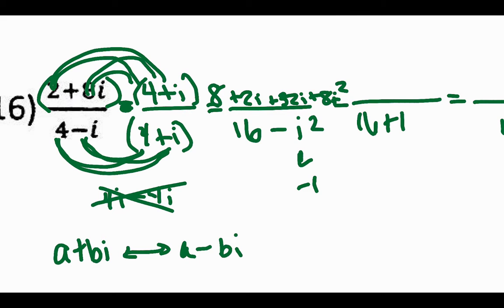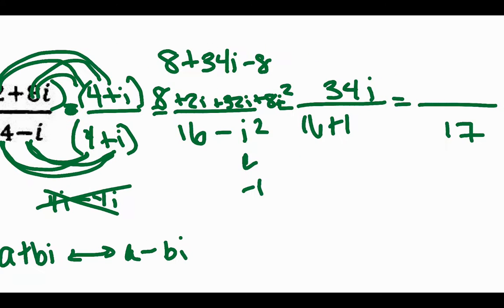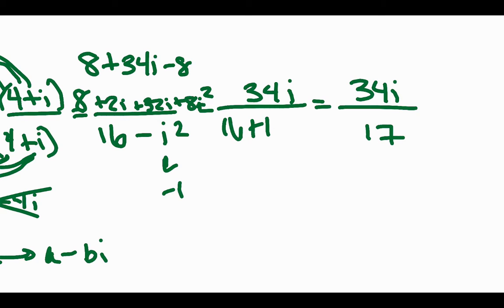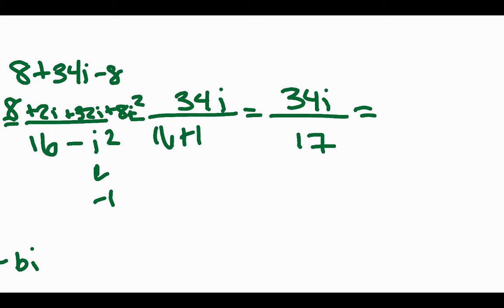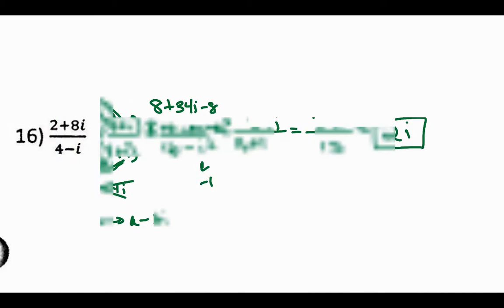I have 8 plus 34i, and 8i squared is minus 8. So I actually am left with 34i in my numerator. And always try to simplify if you can. 34 divided by 17 is 2, and my i doesn't go away, so my answer here is 2i.